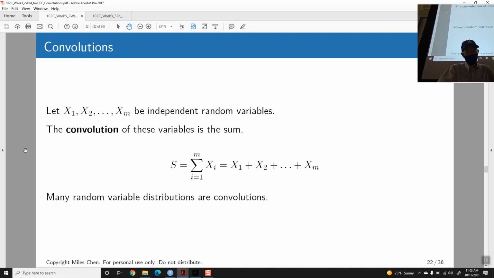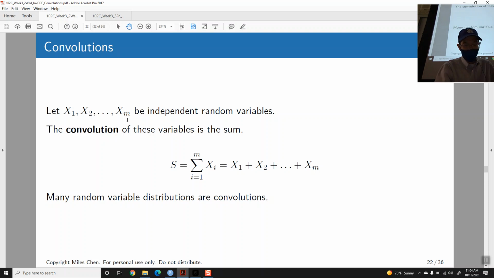Okay, what are we talking about? We're talking about convolutions. So the idea of a convolution is you get a new random variable by combining other random variables. Basically you just get a sample of m draws from x, and the x are all random variables.